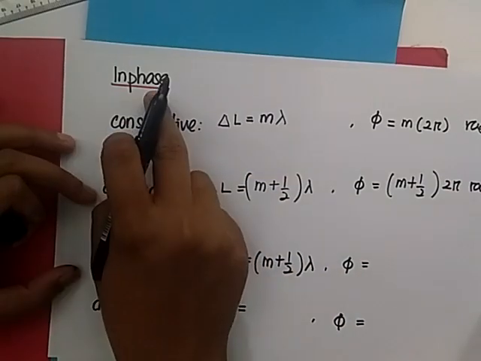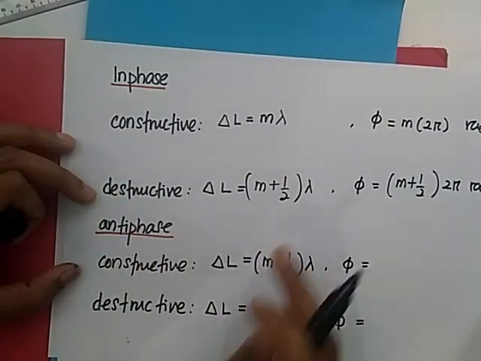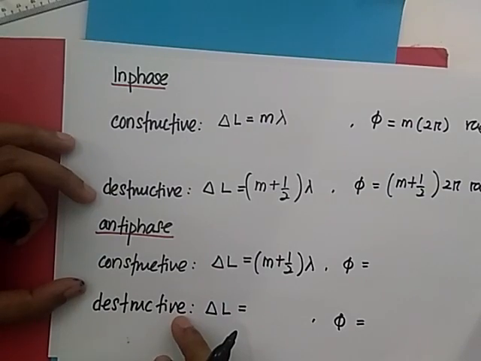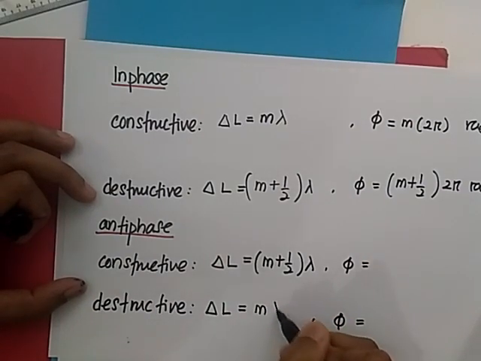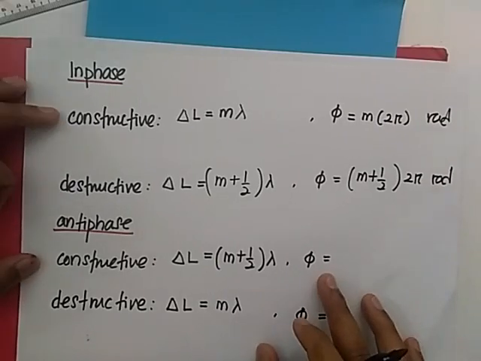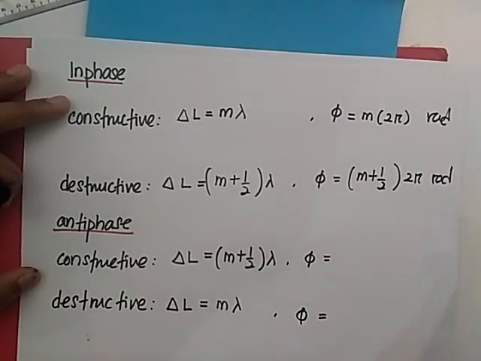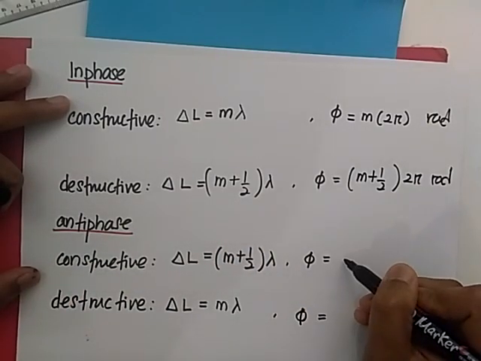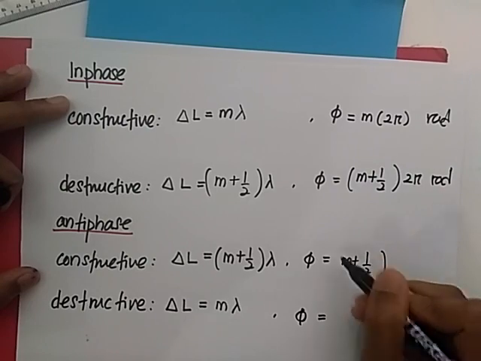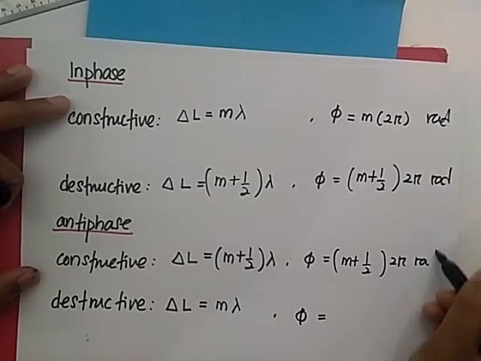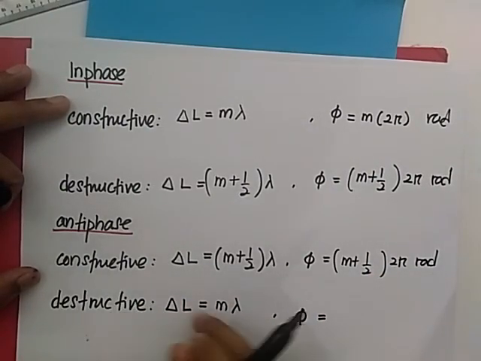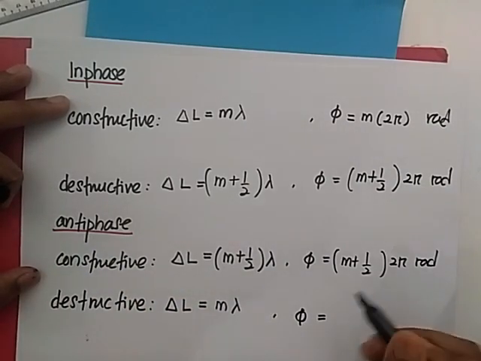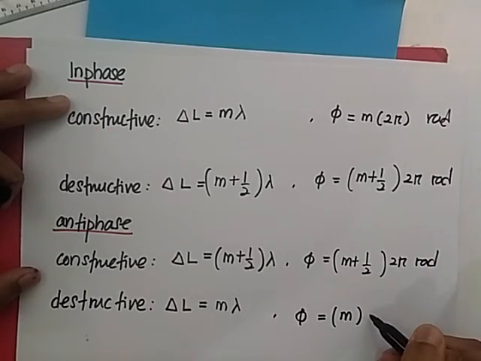Kalau destructive interference bagi source in phase M plus half lambda, bagi antiphase the destructive interference the condition is M lambda. So begitu juga dengan the phase difference bagi constructive interference antiphase is M plus half 2 pi radian, manakala destructive interference bagi two sources that are antiphase is M times 2 pi radian.